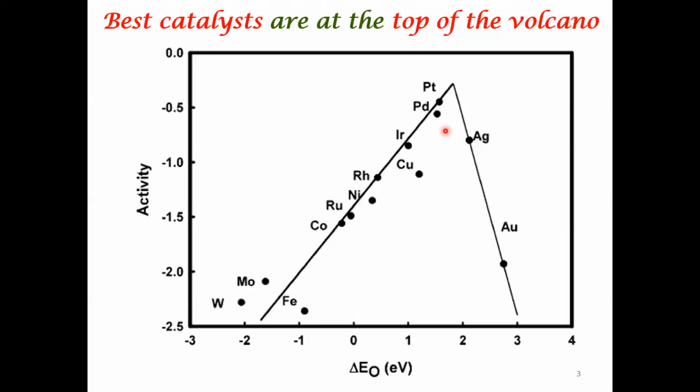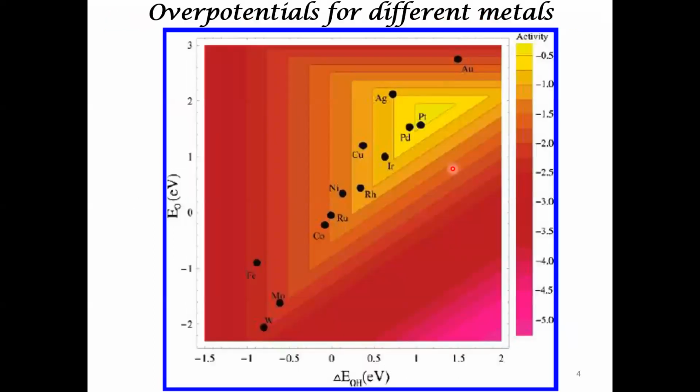Even before going into that, all this information can be presented in a slightly different manner. Here I'm plotting the activities like a contour plot, as a function of both these binding energies, which are actually related. This shows very high activity to low activity.